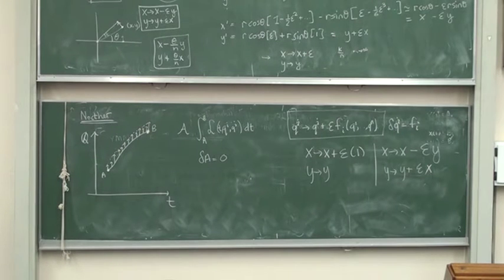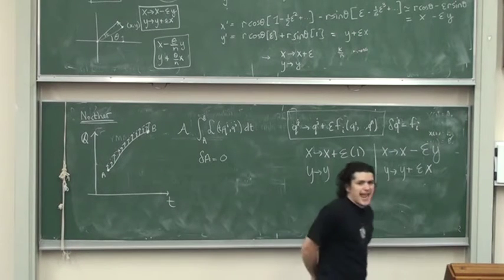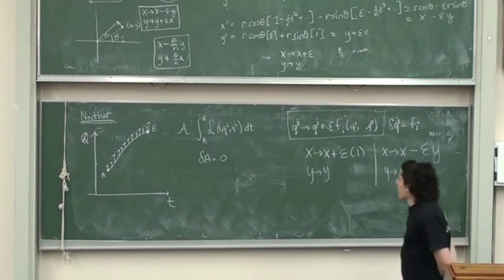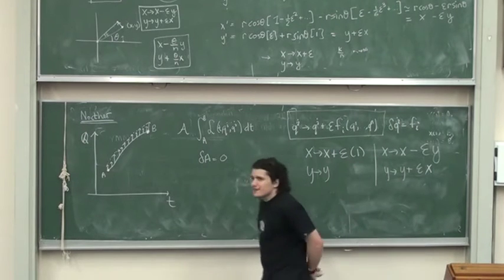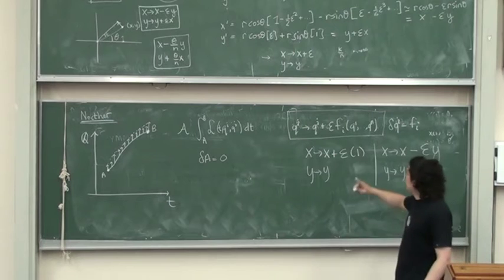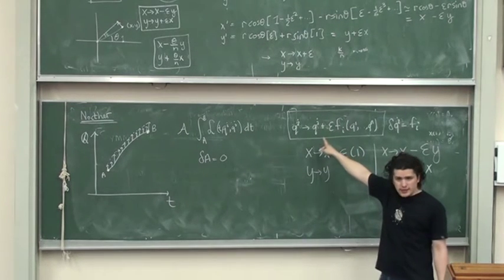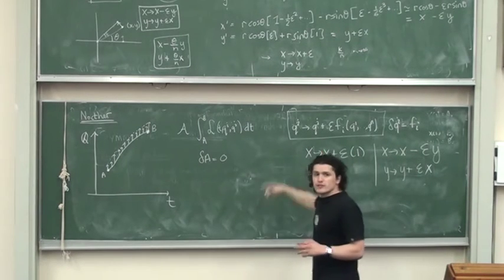Now, when we work out the action, I claim that my system, firstly, before I start out, is invariant under this transformation. That this is a symmetry. What does it mean for this transformation to be a symmetry?